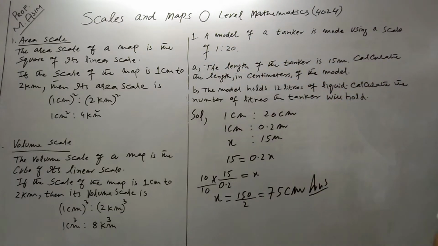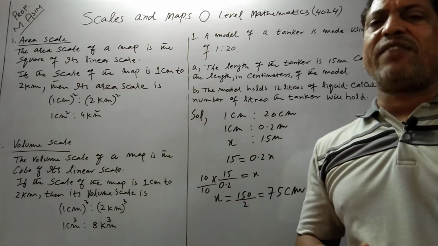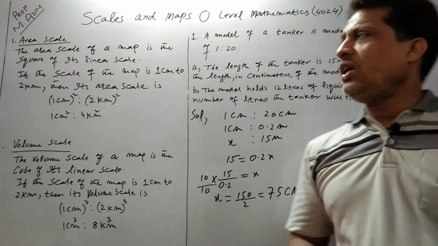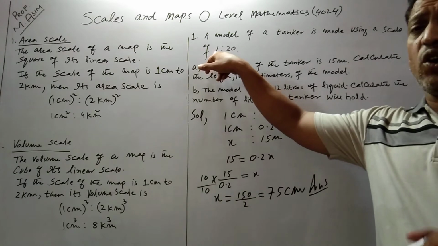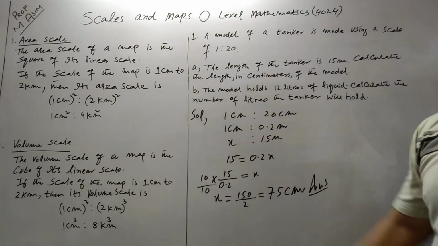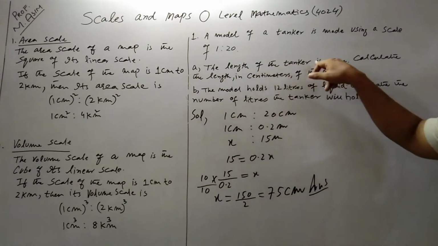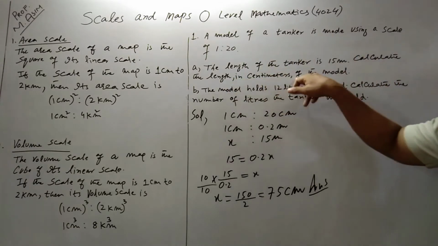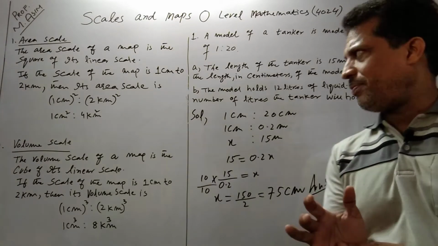Students, when you are given 1: something without any measurement, like without centimeter or meter or kilometer, 1:20 means 1 centimeter on the map represents 20 centimeter on its actual value. Part A of the question. The length of the tanker is 15 meter. Calculate the length in centimeter of the model. Of the model or on the map is the same.